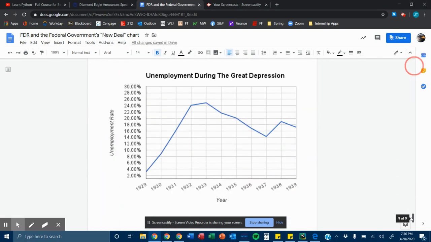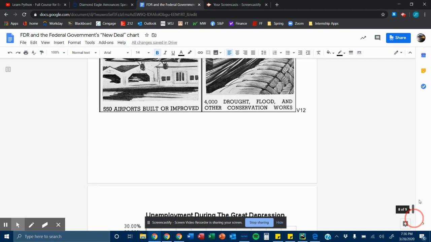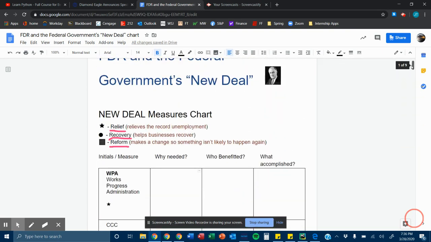The reason this one's passed during the first 100 days, and that's kind of critical to mention, is that a lot of these measures, not all of them, but a lot of them were passed during a whirlwind period of legislation that came to be known as the 100 days. And now many presidents, as they come into office, sort of try to measure up to Franklin Roosevelt's first 100 days because it was so impactful and so important to the nation at the time.